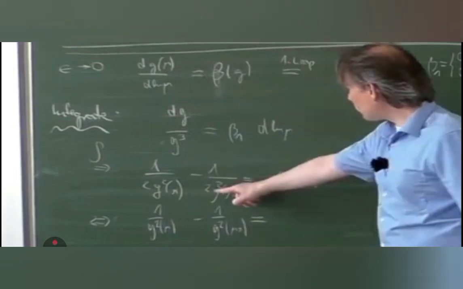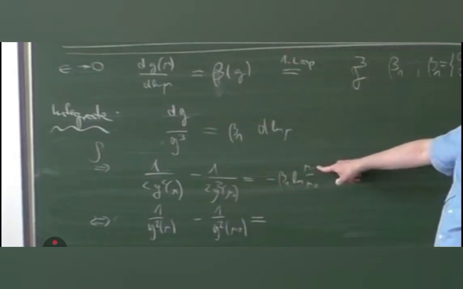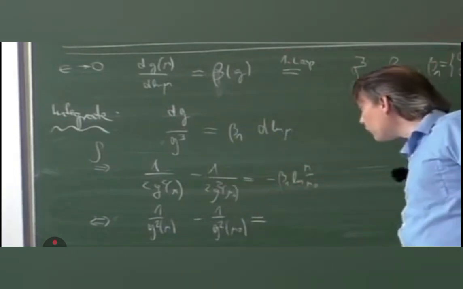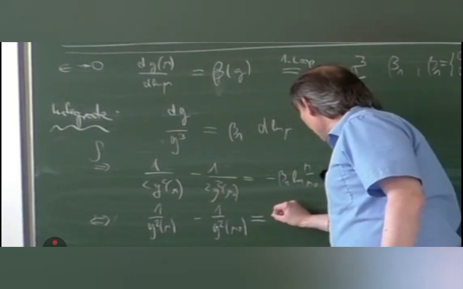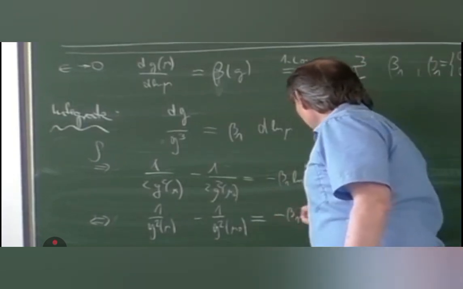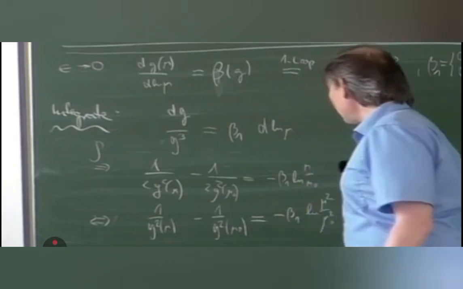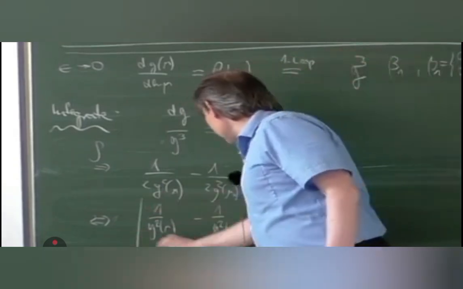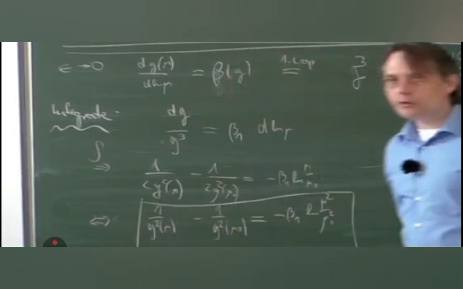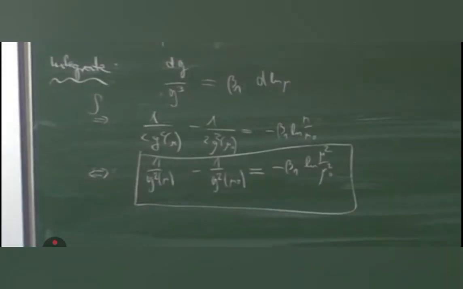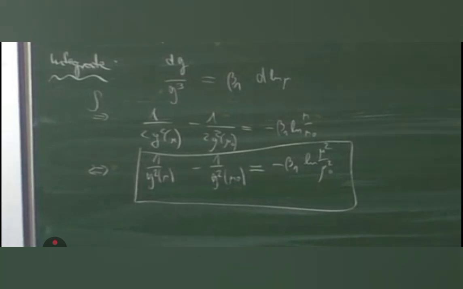So we multiply by 2 and then we simply get mu square in the log, which is anyway maybe nicer, minus beta 1 times ln mu square divided by mu 0 square. So it's as easy as that. That is the integral of the beta function, and now you know how the coupling runs.